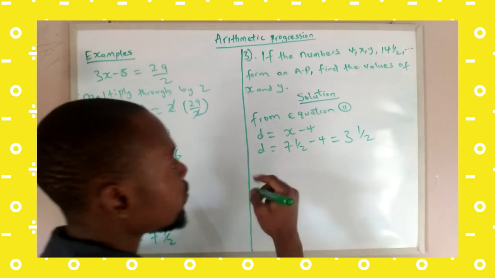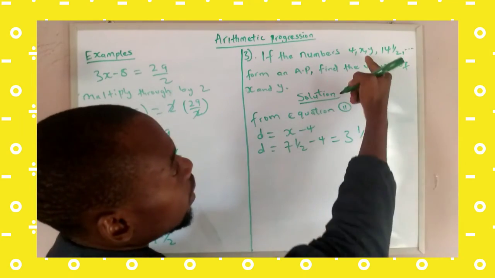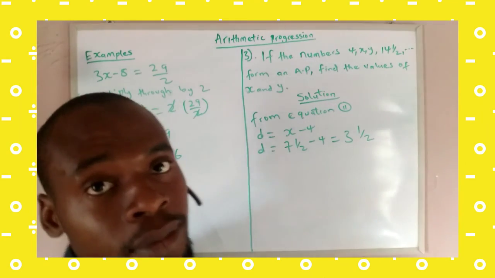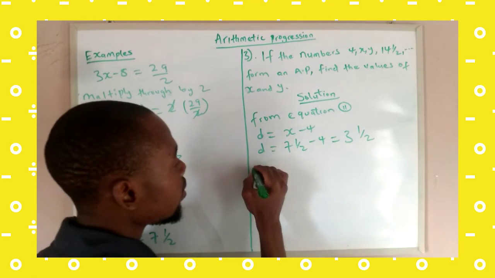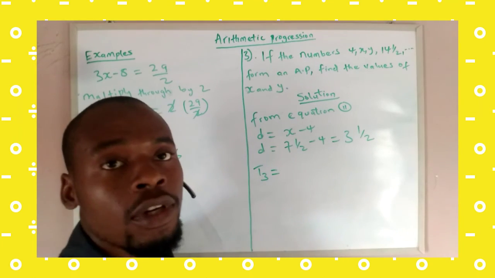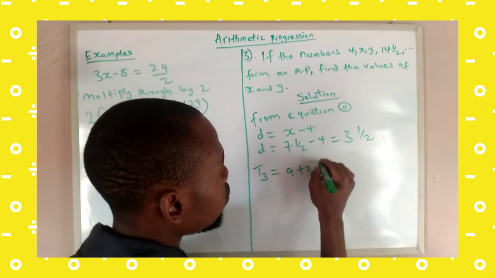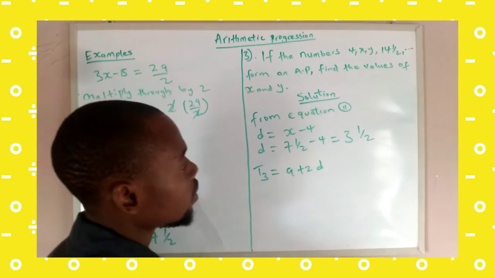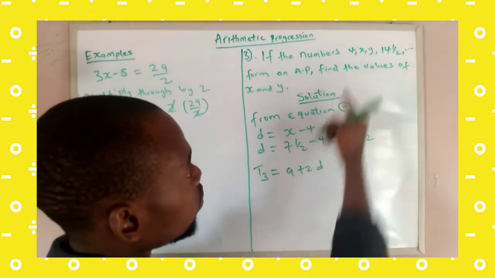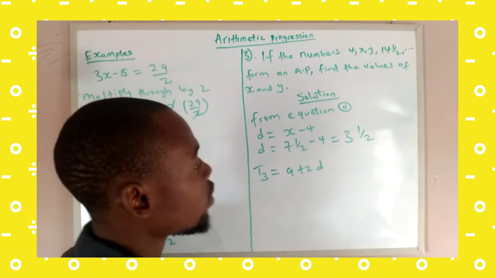Now, to get the value of our y, it is our third term here, and that's our T3. And the general formula for our third term is a plus 2d. Now, we know what our a is, which is our 4 here, and we know what our d is, which is our 3 1/2.